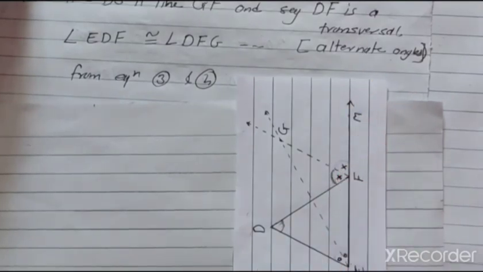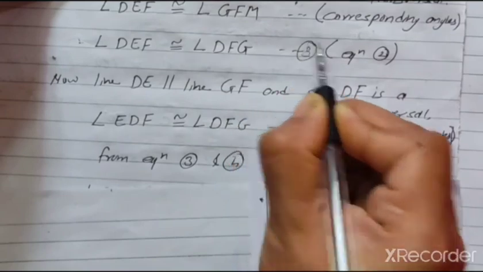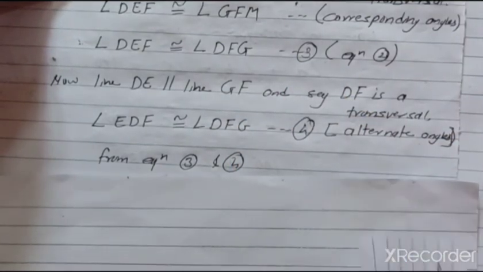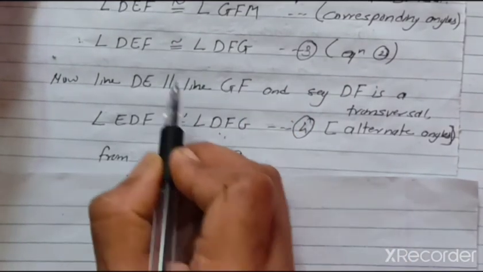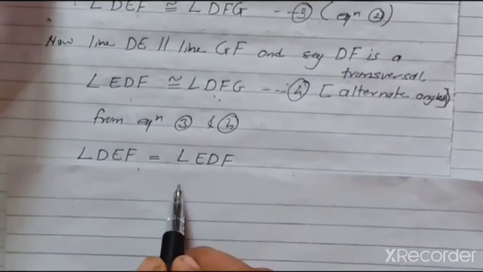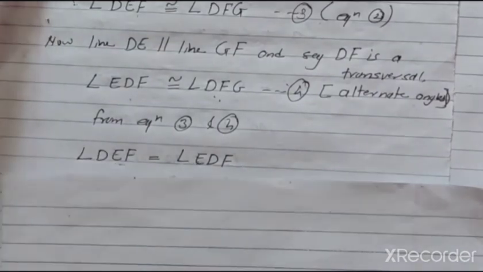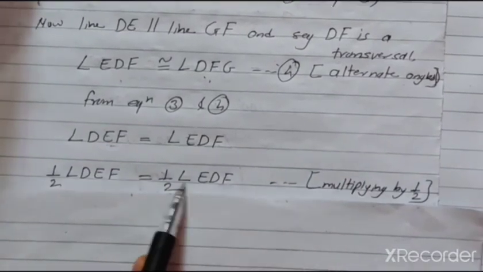So suppose this is our equation number 3 and this is equation number 4. You can see in equations 3 and 4 the right hand sides are same, therefore the left hand sides have to be same. So these two angles are congruent. Now multiplying both sides by 1 by 2 we will get this step.